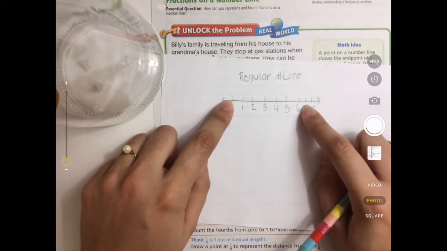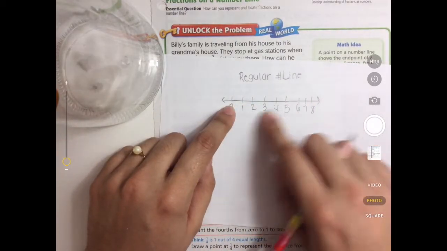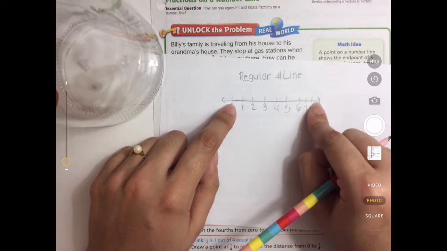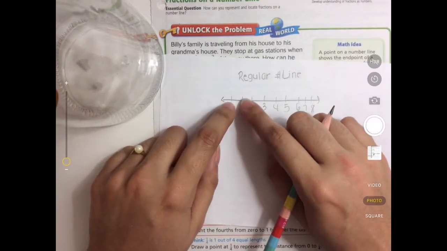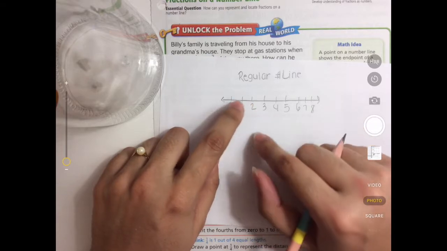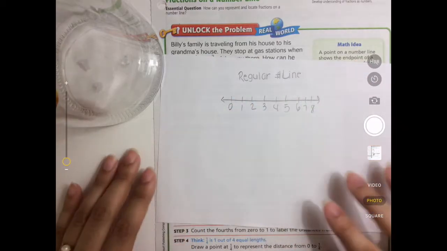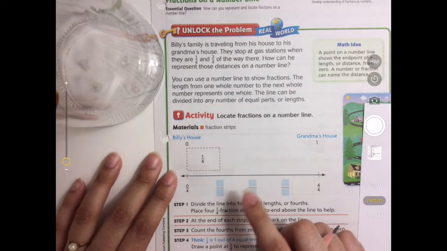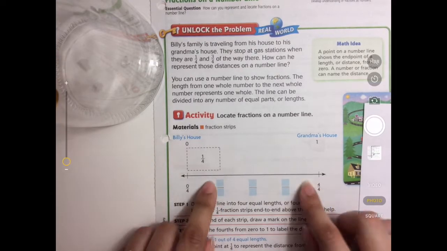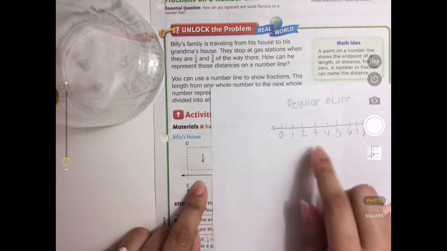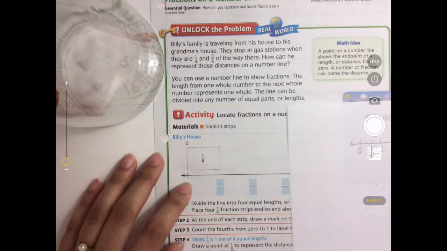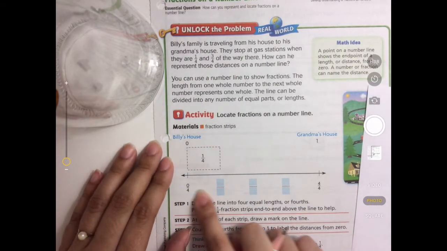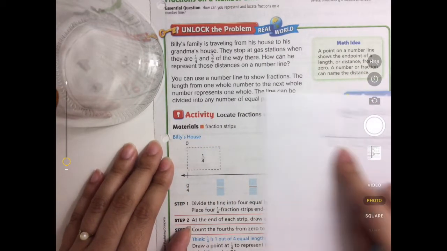This number line represents 0 to 8, and each of these little stops is a whole number. 0 to 1 is a whole number, 1 to 2 is a whole number. When we look at this line right here, this is basically this zoomed in. This is all the little fractions that we have before we get to 1.